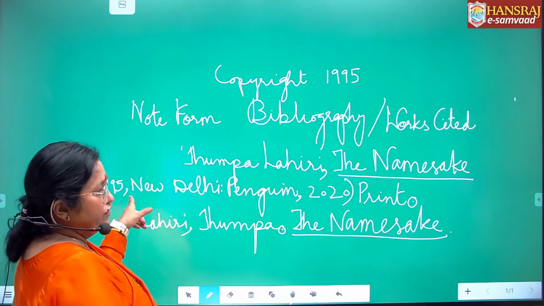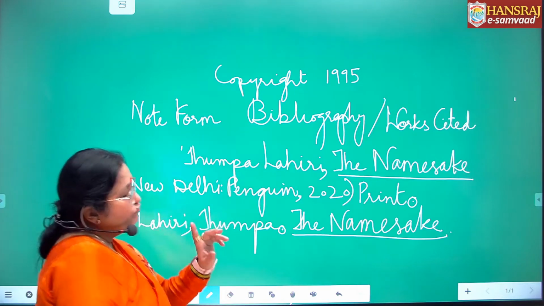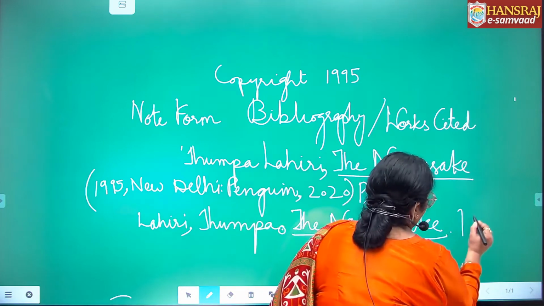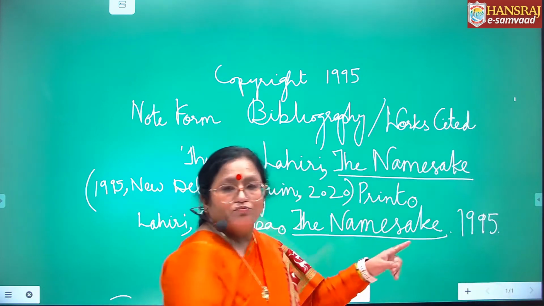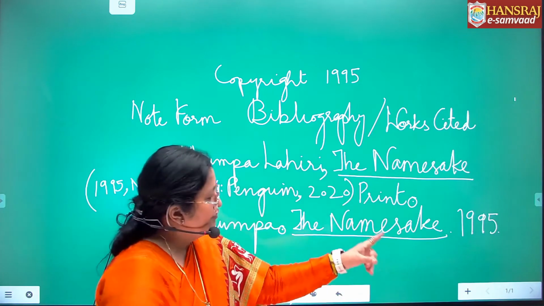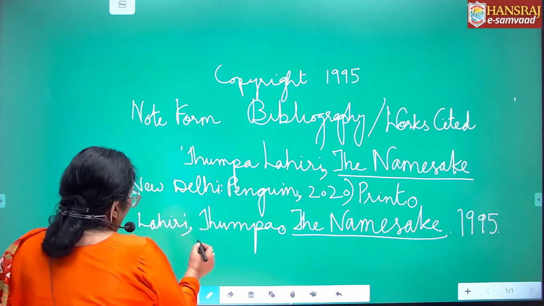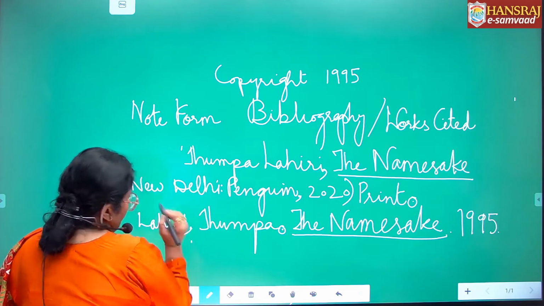Third component is publishing details. So I will convert this. First I will write 1995. This implies that the book was published in 1995, full stop. And after that, the second line will begin here.